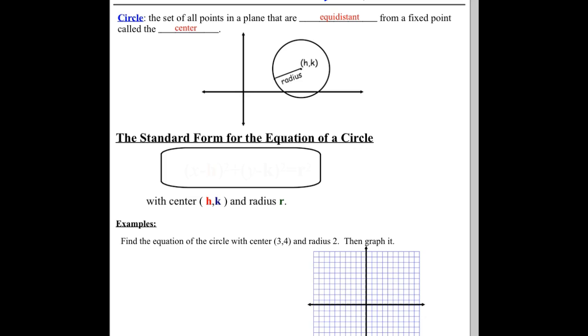So we have your first formula that you need to start memorizing. All right? The circle formula looks like this. We have x minus h quantity squared plus y minus k quantity squared equaling r squared.